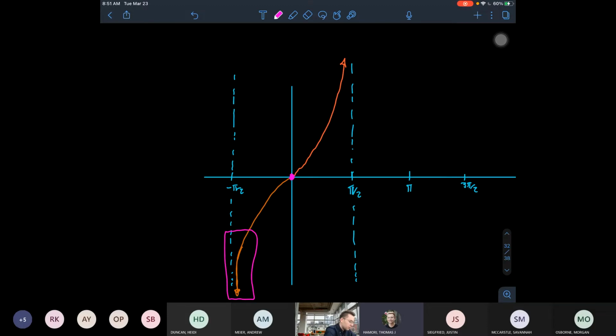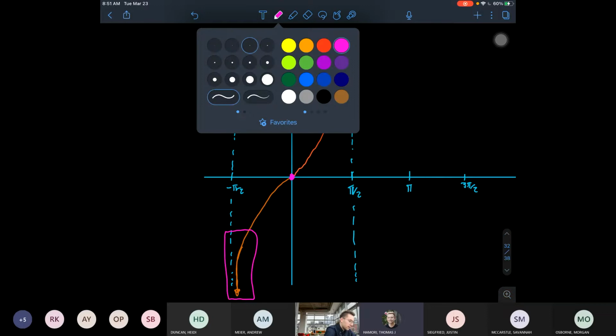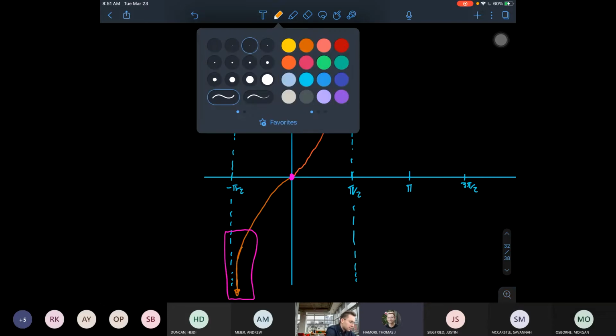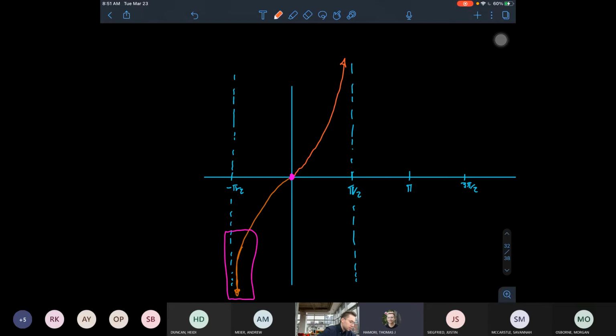Okay, and from here I'll leave it for you guys to check that because of the multiplicity of these zeros being 1, we're essentially going to have opposite behavior on both sides of these asymptotes. So when we go up on the left side, we have to go down on the right side, and it's going to look like a repetition of this graph on either side.